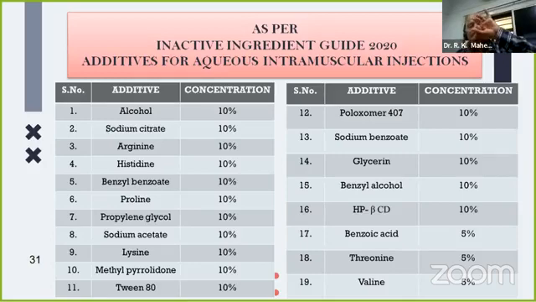Total became 30%. So this is one blend. If you replace arginine by histidine, another blend is ready. In this way, by permutation combination, you can have innumerable safe solvent systems, because each and everything may have solubilizing power for your drug. So in this way, innumerable safe solvent systems can be made using the mixed solvency concept.